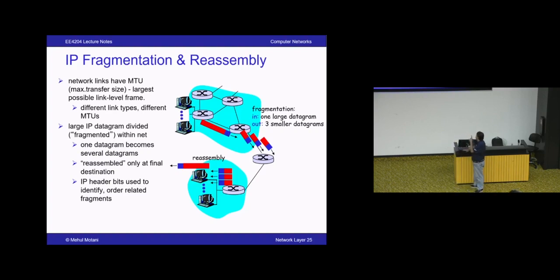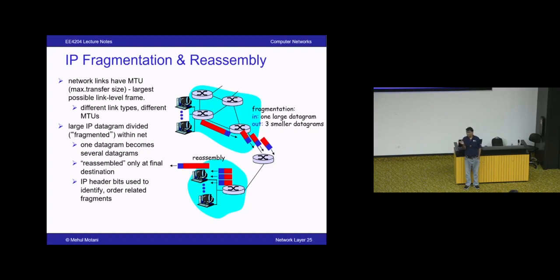And what happens is that in fragmentation and reassembly, the router that recognizes the big packet will actually break it up. So you have a parent packet and you have children packets. Now, the children packets are just regular network layer datagrams. They're not special.